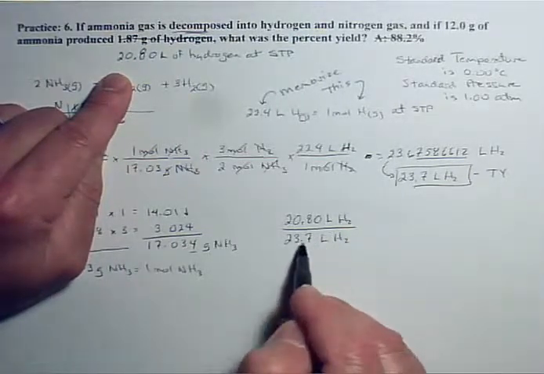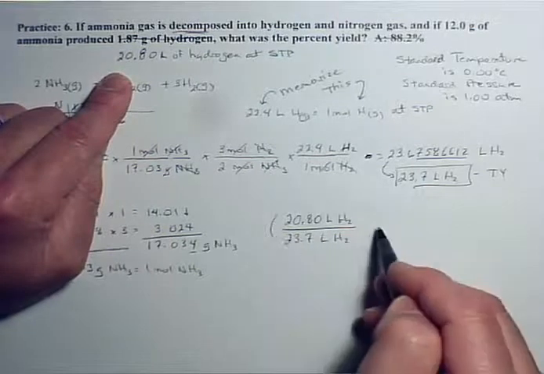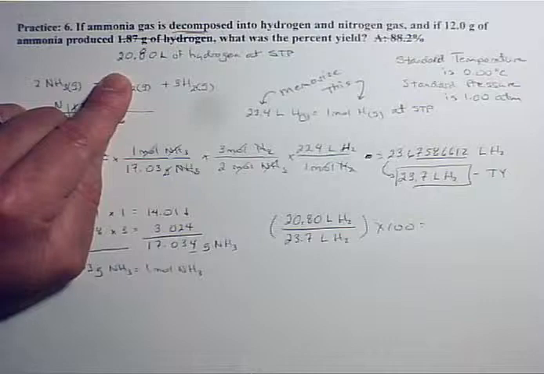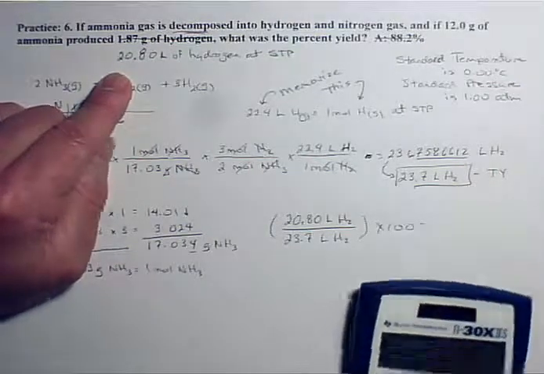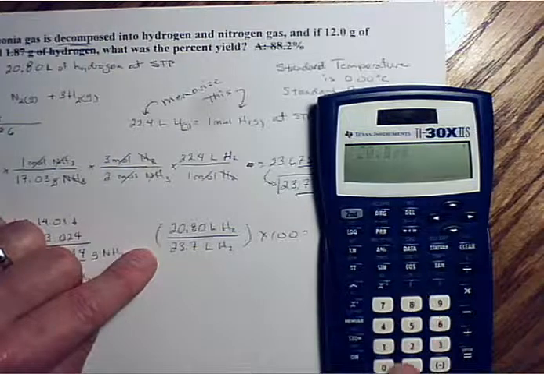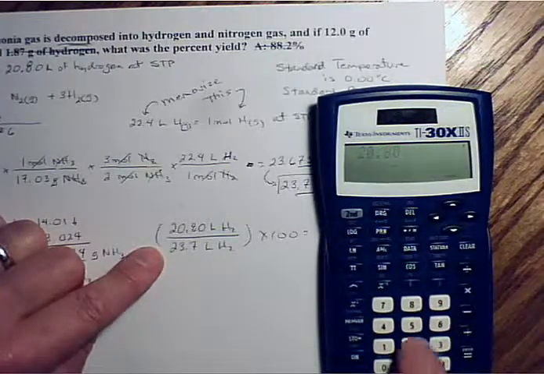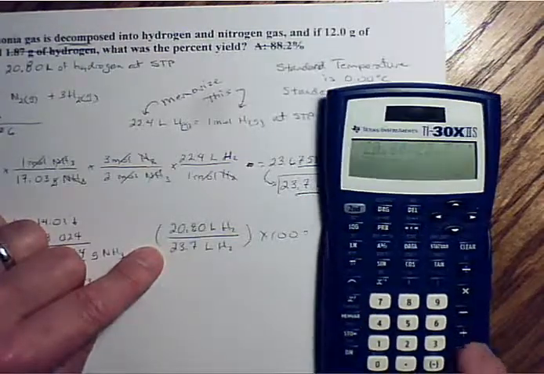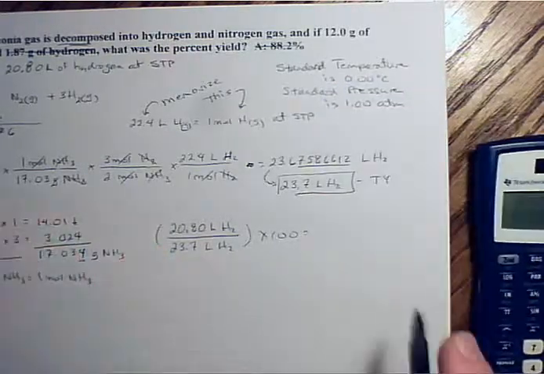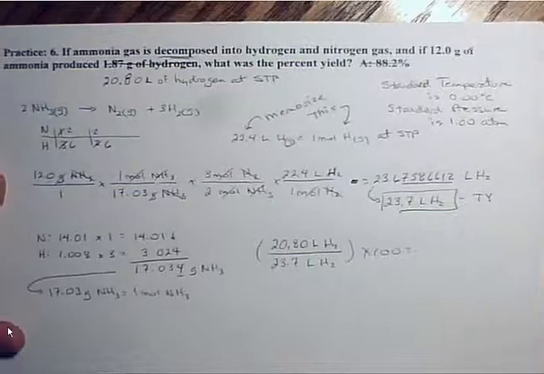Actual yield is this, over theoretical yield, that's this. Then actual yield over theoretical yield times 100 will give us a percent yield. And 87.76.